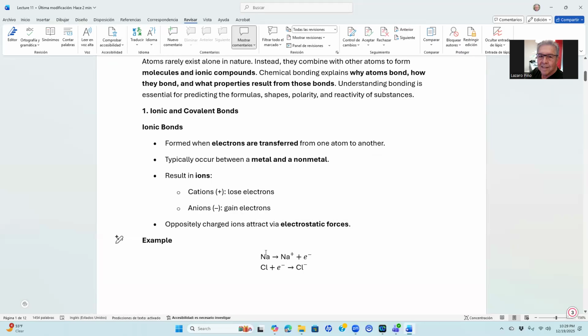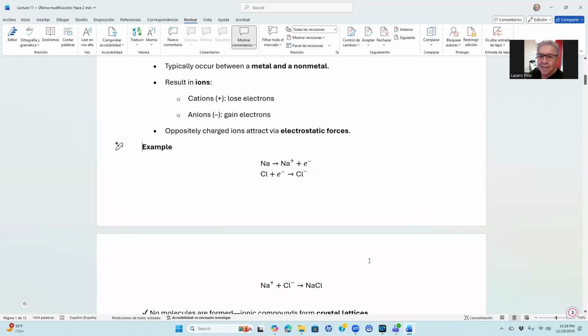Example. Sodium loses one electron and forms a cation. Chlorine gains one electron and produces an anion. Together, the cation and the anion make an ionic compound.